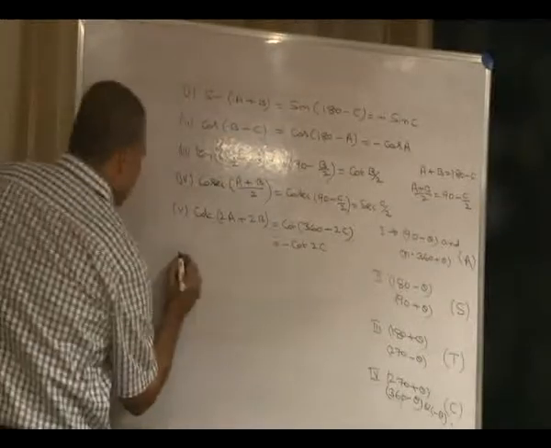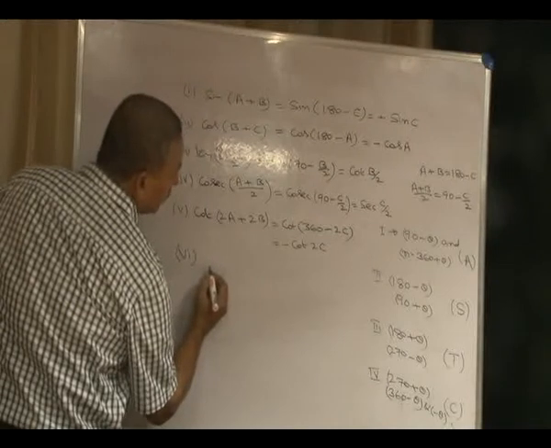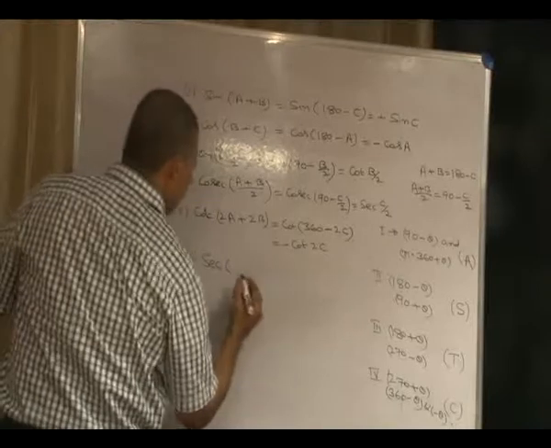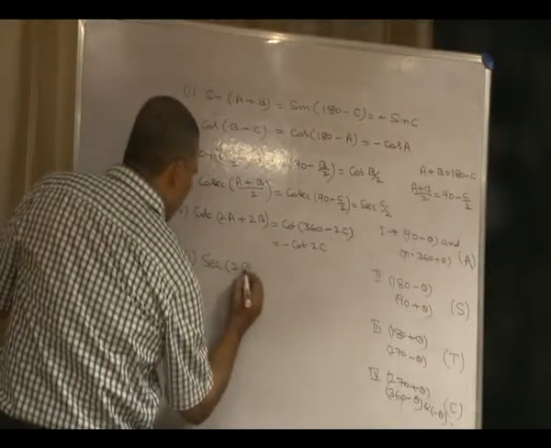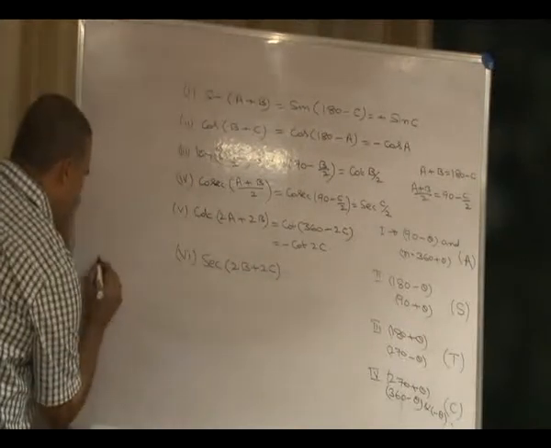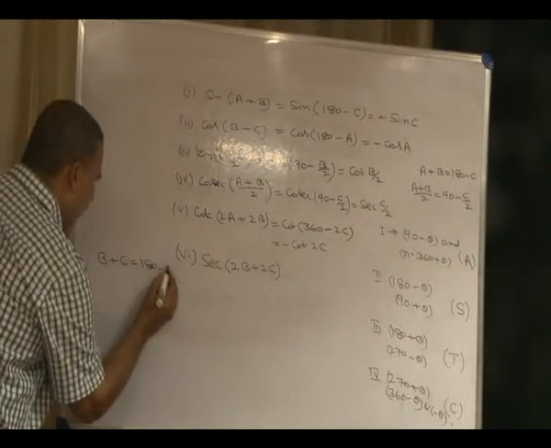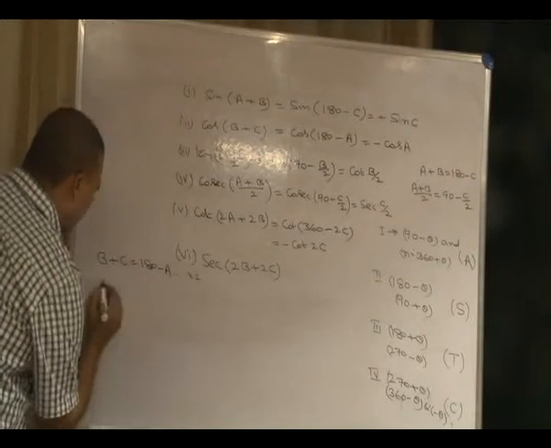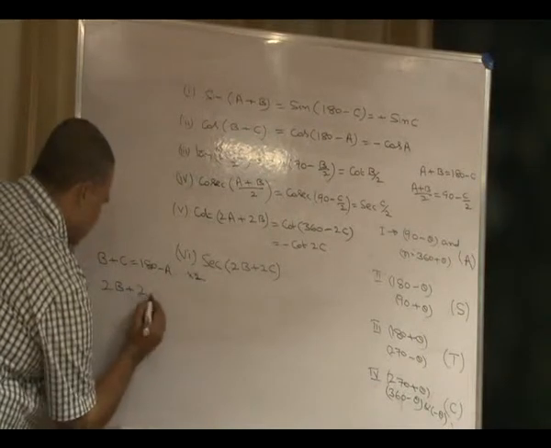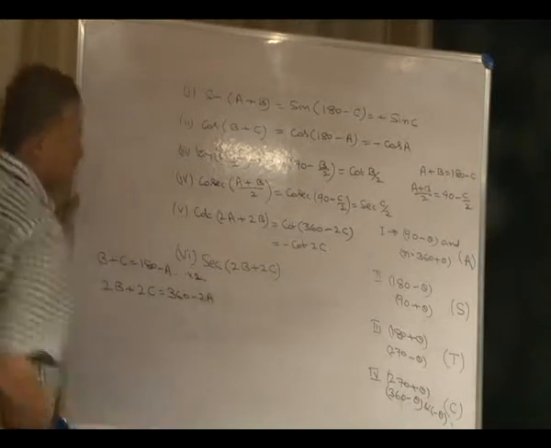The last one is secant of (2B plus 2C). Angle B plus C is equal to 180 minus A. The whole equation is multiplied by 2, so 2B plus 2C equals 360 minus 2A.